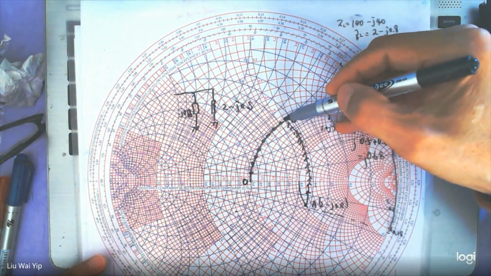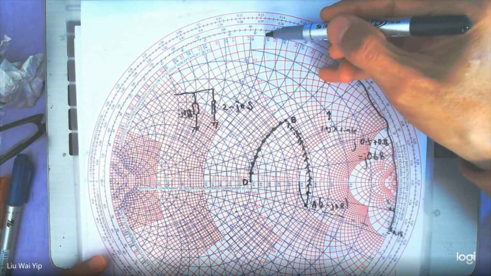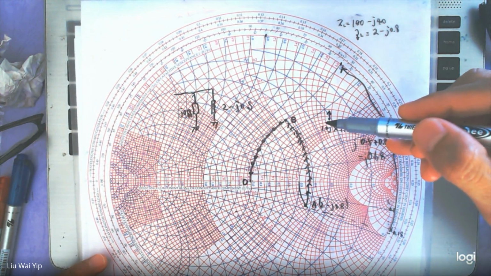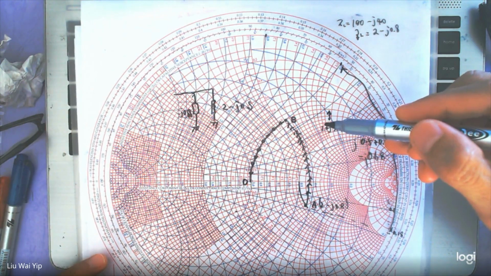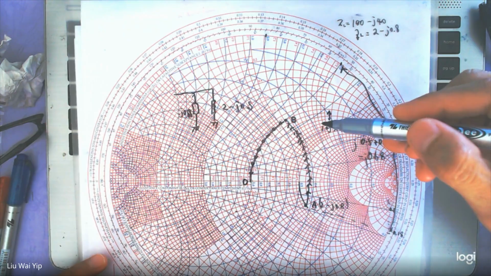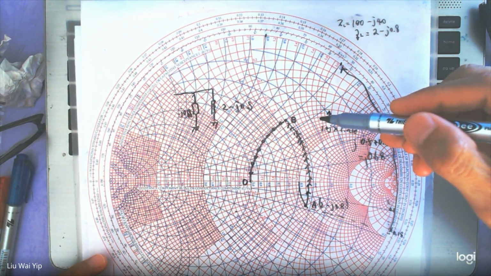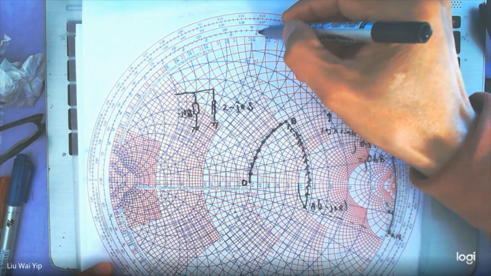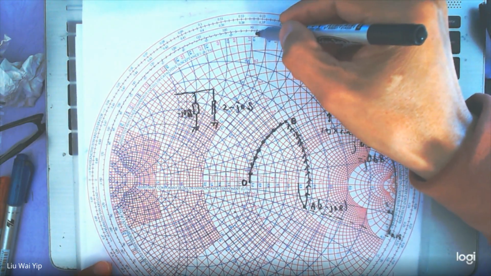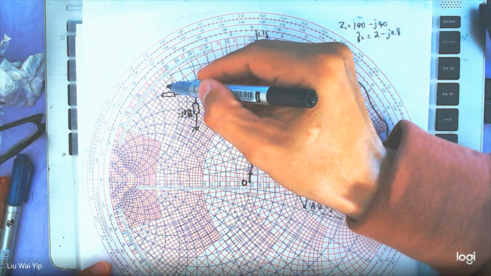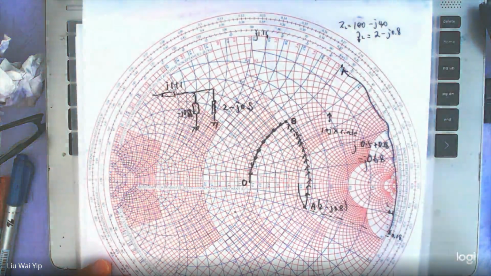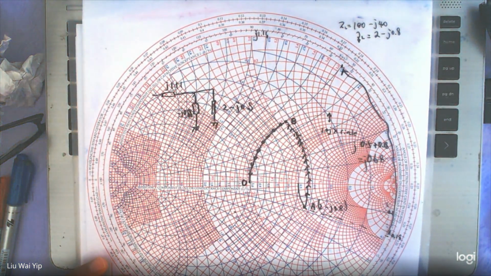So if I read here correctly, I will get about 1.11. So here it will be 1.11. So this is the required matching network in the normalized form.